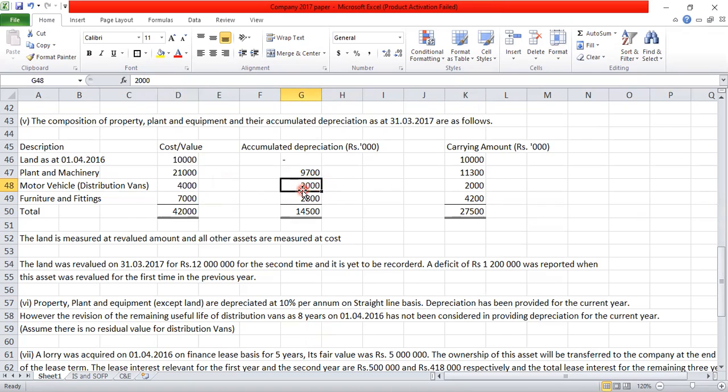So we need to remove this year's depreciation, because we can't take 4,000 as they are saying there is a revision of the remaining useful life. You can't take the cost here. First of all, I need to find my accumulated depreciation, deduct it from the cost, and divide it by the number of years they have revised it.